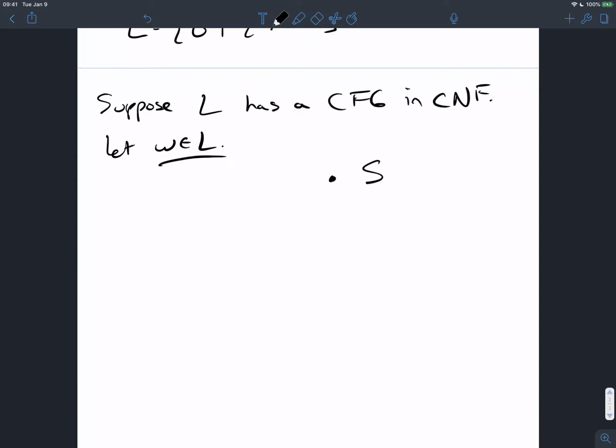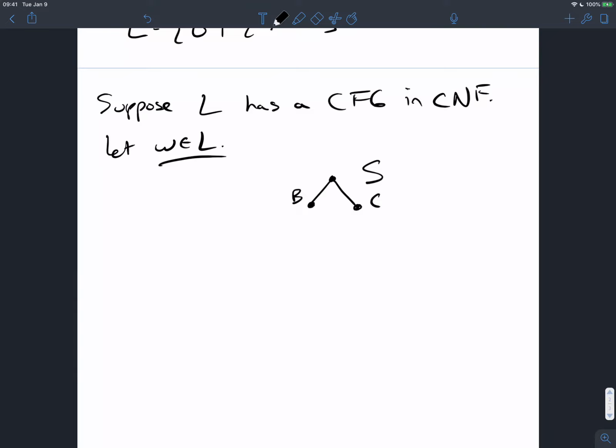If I apply one rule with S, say, and the string is long enough, what is the first level after the start variable? Two variables. Let's say there are two variables here. And again, let's say the string's long enough. What about the third layer? It's going to be 4 variables, or most likely it's going to be variables.